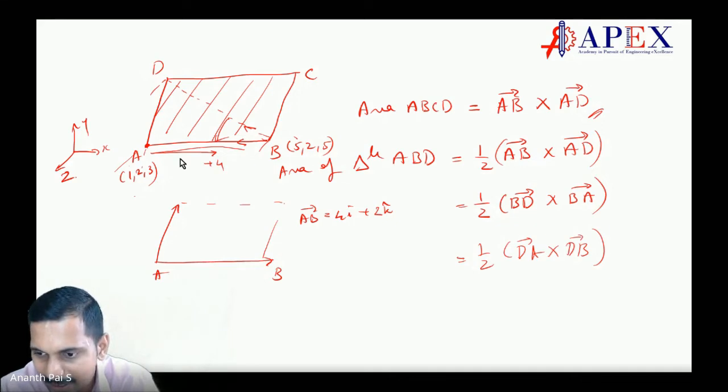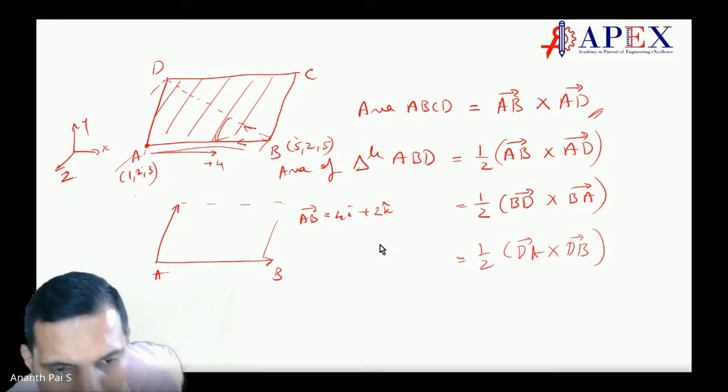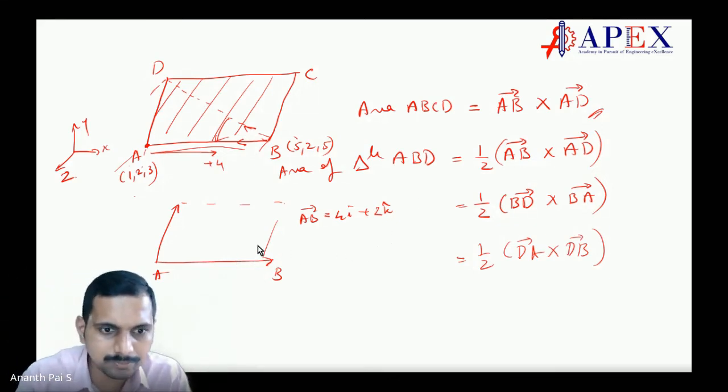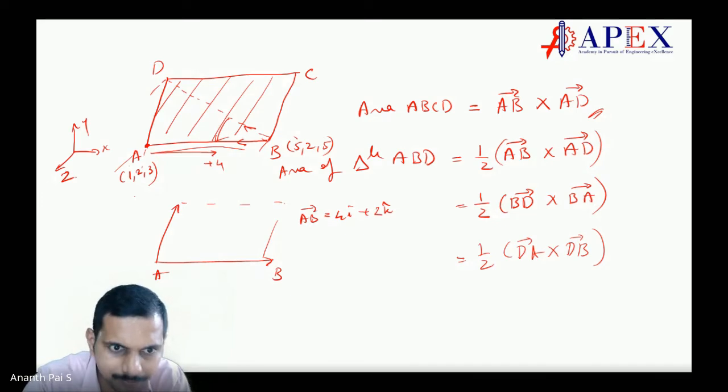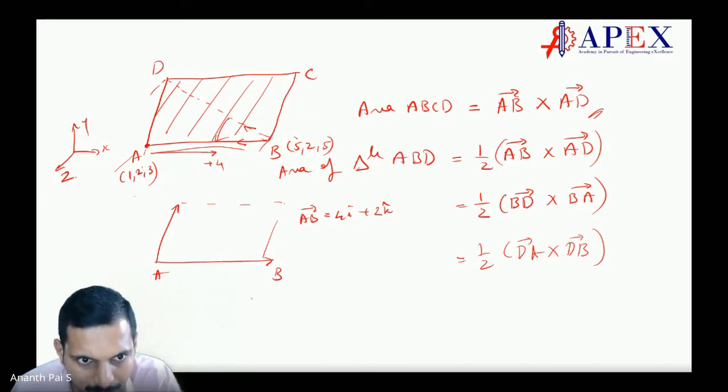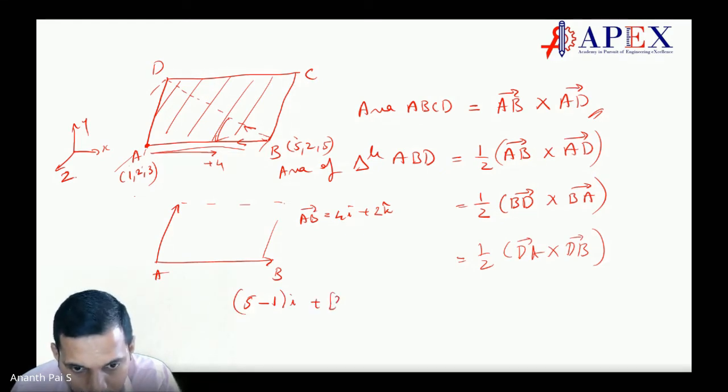Yes, 1 second. Now when you consider A and B here, to move from A to B, we can say 5 minus 1 I, plus 2 minus 2 J, plus 5 minus 3 K. Make sense?